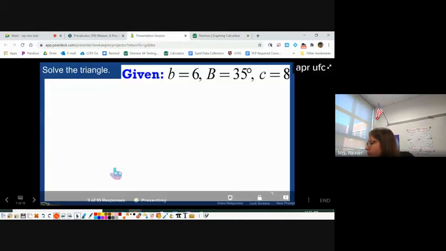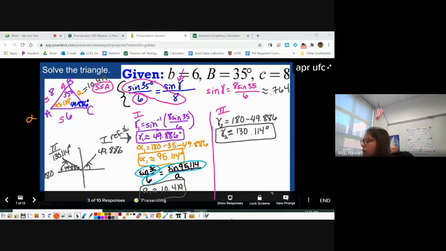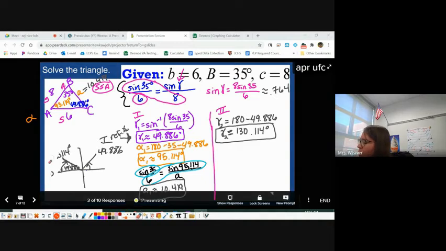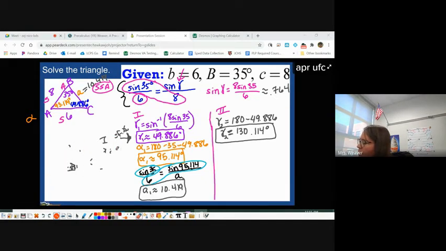Let's jump back to our slide here. Okay, so our quadrant 2 option is 130.114. If you want to draw a second triangle here and start dropping your information in it, you can. I usually find that I don't have to draw a second triangle. I can just look at everything that we found for the quadrant 1 option, and I just know I have to find those same things for the quadrant 2 option, okay?